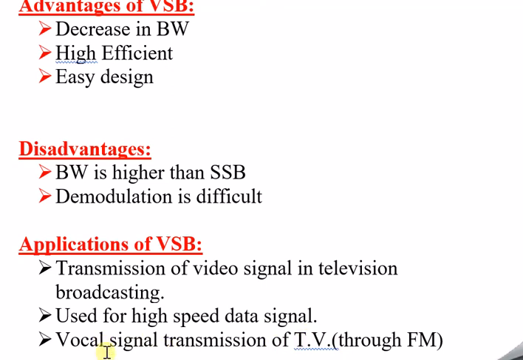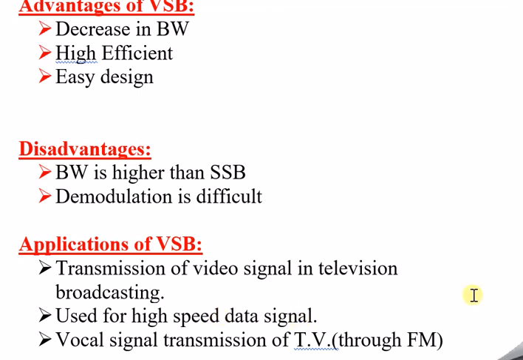Through FM stations, they are transmitting the vocal signals, meaning voice or audio signals basically. So vocal signal transmission is also possible, and it is used for high speed data signals. In general, we can say it is helpful in the transmission of vocal or audio signals, video signals, and high speed data also.